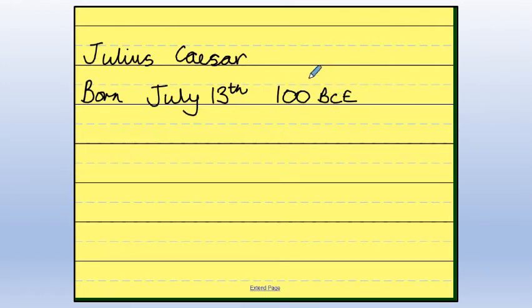Okay, so I'm going to take advantage and change colour. And we can also make a quick note that it said in there that he was a great soldier and general.